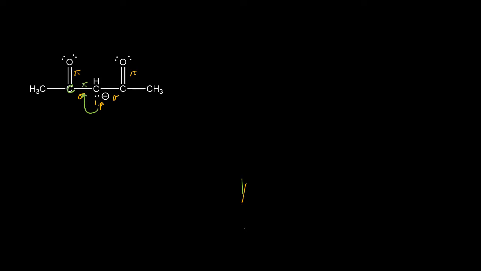Okay, so what we want to do at the same time is take our pi bond here and make a new lone pair. Okay, so we're actually just switching the pattern. Okay, so nothing happens here. We can just draw out our sigma bonding framework.